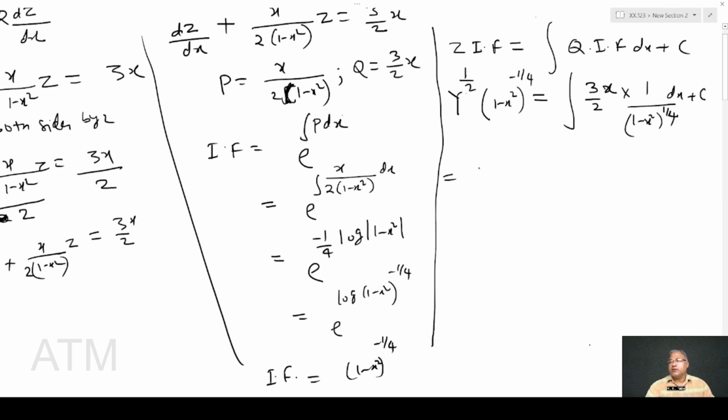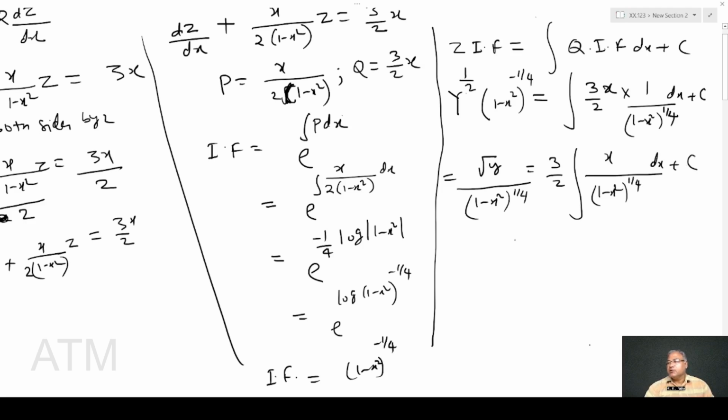So that equals root y divided by (1 minus x square) raised to 1 upon 4, with 3 by 2 taken outside, integration of x divided by (1 minus x square) whole raised to 1 upon 4 dx plus c.